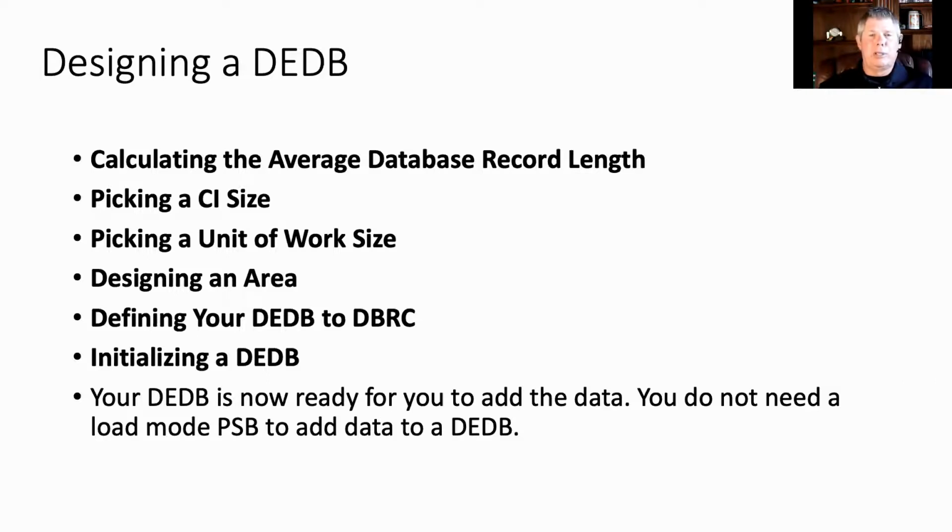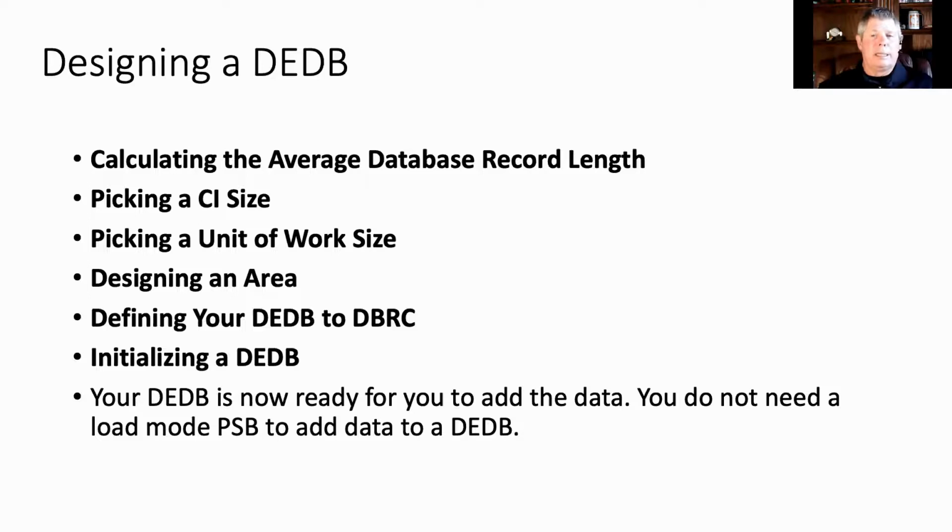So those are things you have to think about well in advance. When you calculate the average database record length, you have to include the IMS overhead, which is a large number of bytes as well. All IMS data segments have a prefix that contains information IMS needs to know, but your application doesn't.